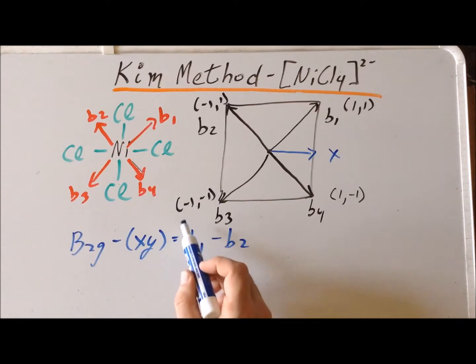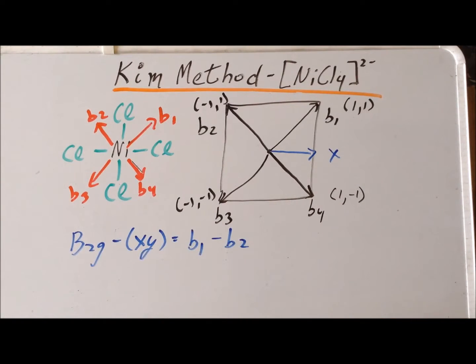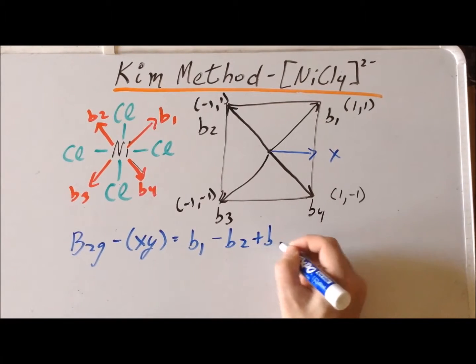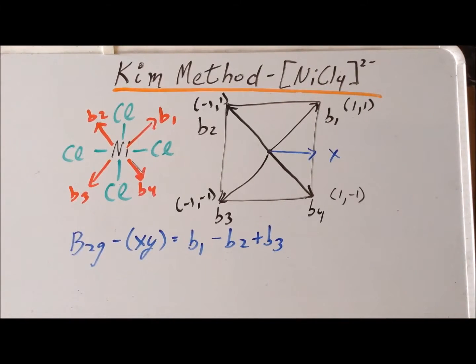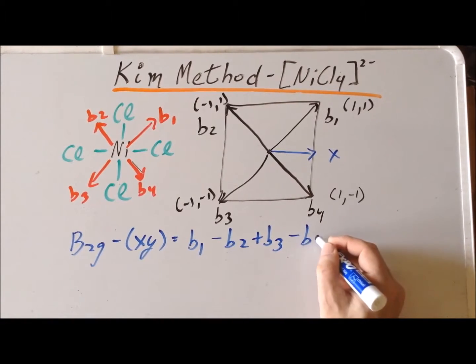For B3, x and y are both -1, we multiply them together, we get a +1, so the coefficient of B3 is a +1, so we get plus B3. And then the last one, x is equal to 1, y is equal to -1, so xy is equal to -1, the coefficient of B4 is -1, so we get minus B4.